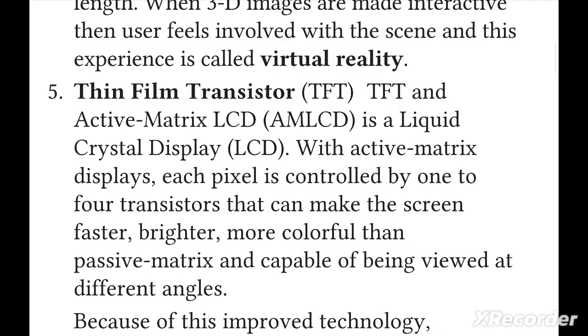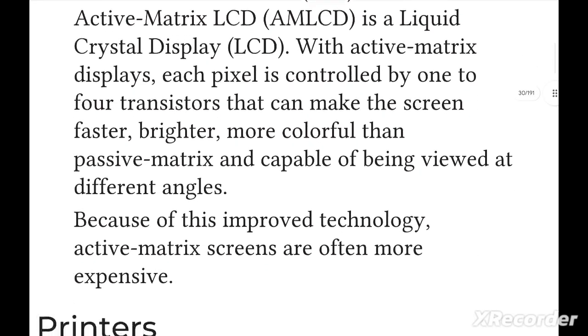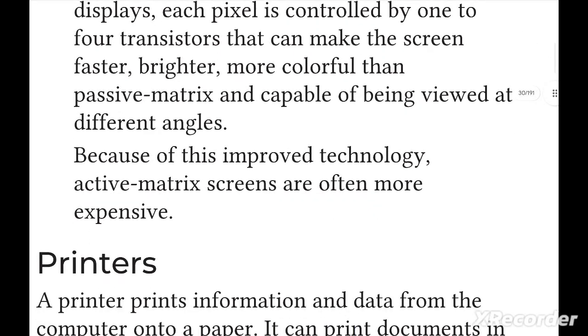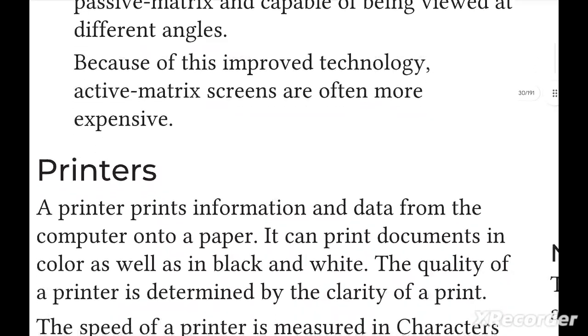Each pixel is controlled by one to four transistors that can make the screen faster, brighter, more colorful than passive matrix, and capable of being viewed at different angles. Because of this improved technology, active matrix screens are often more expensive.